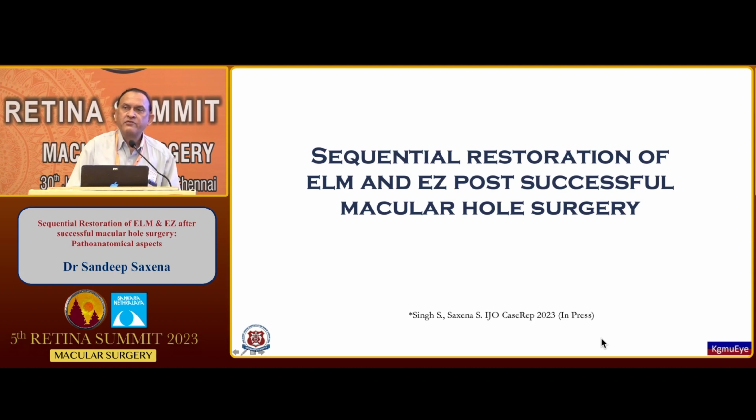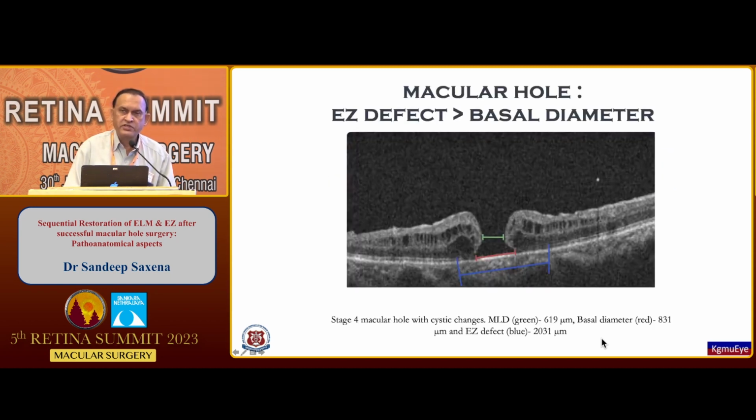Now, we recently reported the sequential restoration of ELM and EZ after macular hole surgery. The noteworthy thing here is that the EZ defect may be more than the size of the linear diameter of the hole.